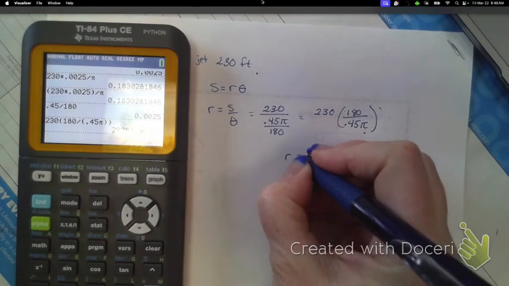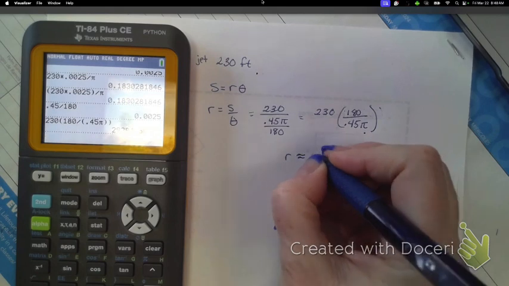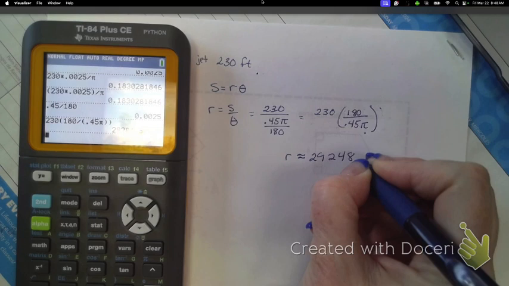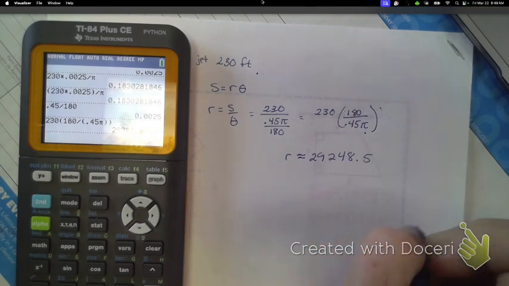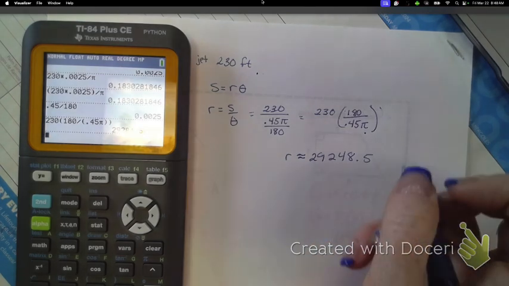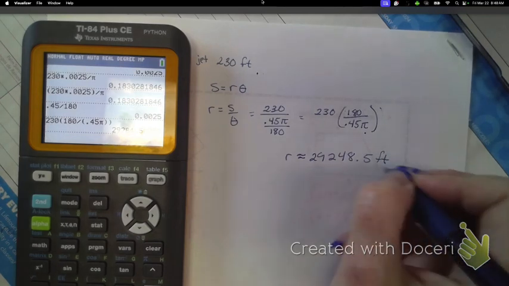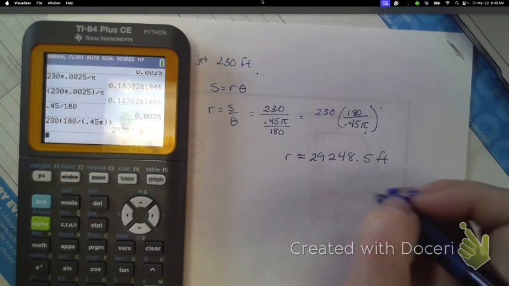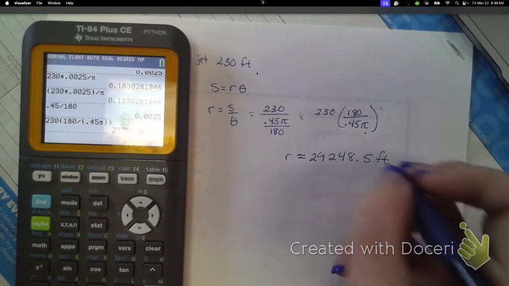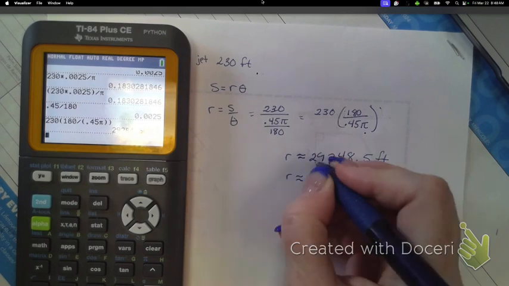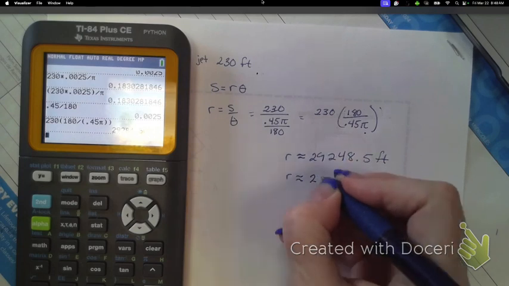So R is approximately 29248.5, and it said to the nearest 1,000 feet. If you gave me this answer, I would take it, but the book says nearest thousands, so what would be the nearest thousand feet? 29,000.